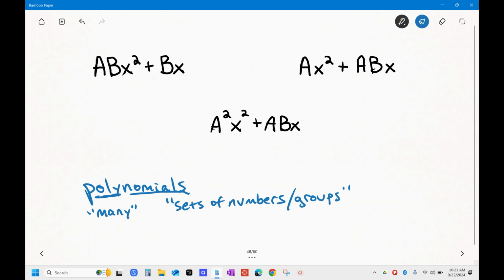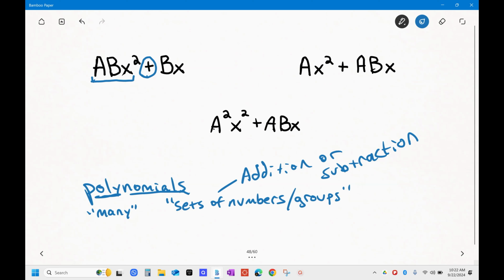Well, all you have to do is look for the addition and subtraction signs. So I'm going to put addition or subtraction. And those signs are what separates the group. We've been doing two sets of numbers in all of these. So see, we look for the addition or subtraction signs, and there's one addition sign. So that separates this group of numbers from this group of numbers. So that means there's two groups of numbers in this equation.